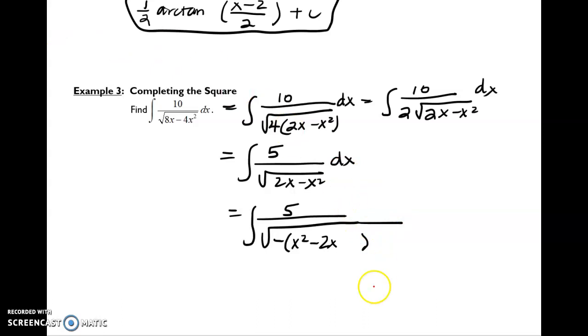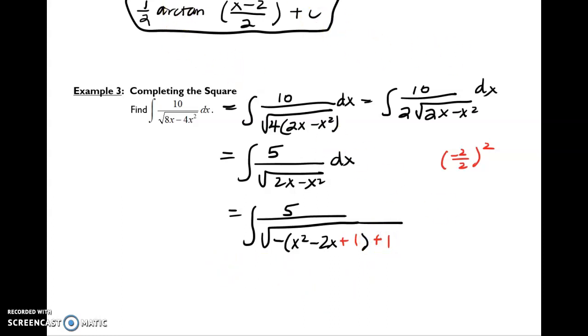So my b is negative 2. I'm going to do negative 2 over 2 squared. That's negative 1 squared is 1. So I have to add 1 here. Now when I add 1 inside here, I'm actually subtracting 1 from the overall term underneath the radical because of this negative sign out in front. And so outside of that part, I'm going to have to add 1 as well.